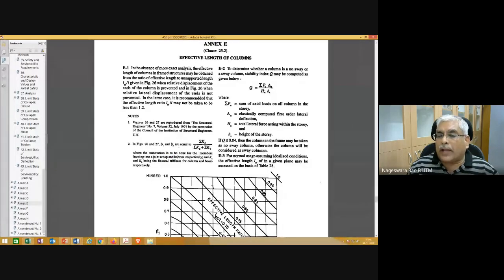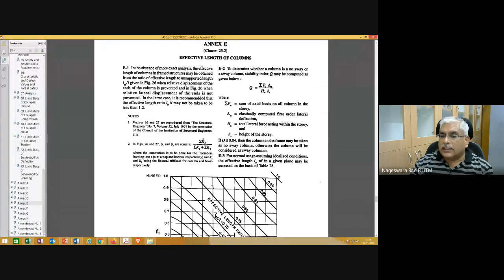To calculate beta 1, beta 2, you need to know the stiffness of columns and the stiffness of beams. And how to get the stiffness of columns and beams? You need to go back to your structural analysis and get the stiffness depending on the support conditions of beams and other things, and the support conditions of the columns.